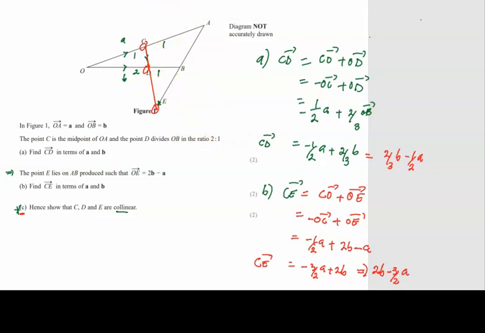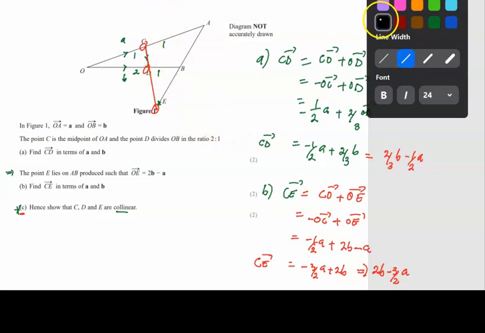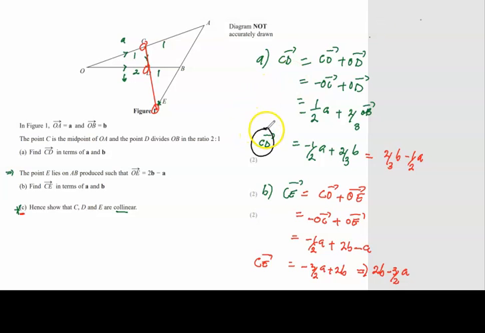So I'm going to use exactly what has been given here. We have calculated the CD and we have calculated CE. So what I need to find is the relation between CD and CE. I'm using this because we have already calculated them. I don't need to calculate anything else.